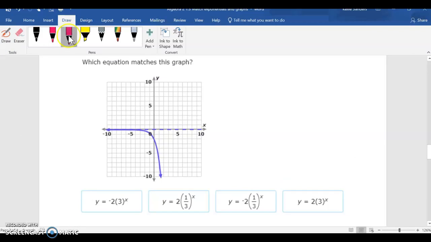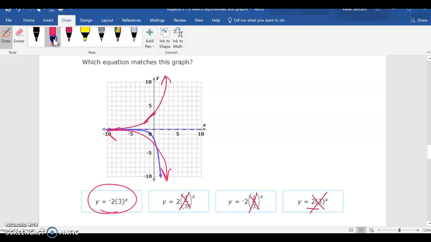Okay. If we flipped it over, it would be going like this. So that's what we're used to seeing. So it's not going to be the fraction. It's not going to be the positive one because that is the one that we just drew. So it's going to be this one because it's below the x-axis.